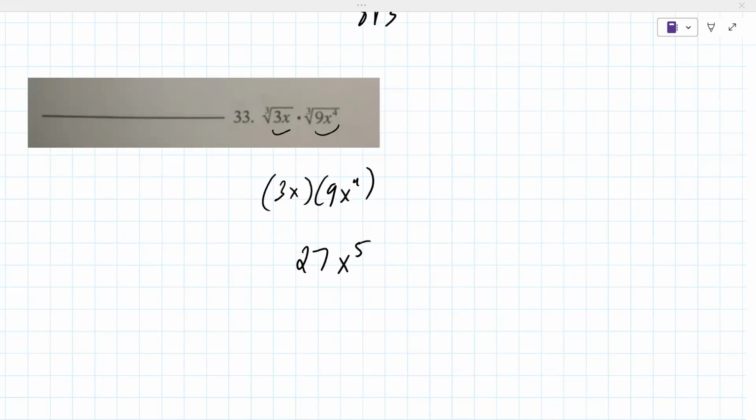And then from here, you're taking the cube root of that. So we're gonna talk about how to do that. It's the cube root of 27. And then you're also going to do the cube root of x to the fifth. Get that down.